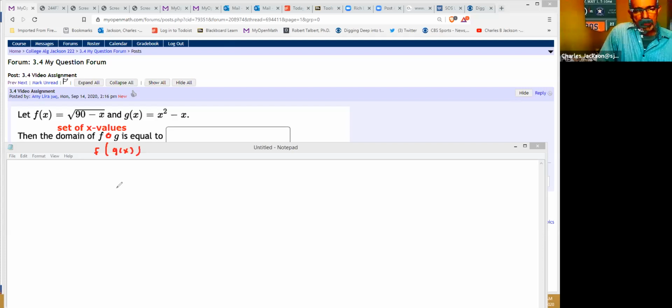Okay. Now, what I'm going to do is partially compose, which in my book is just about as good as completely composing, f with g. F of anything is the square root of 90 minus that thing. What is the thing?